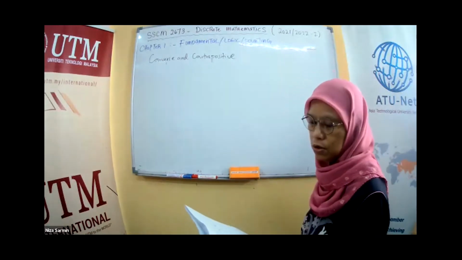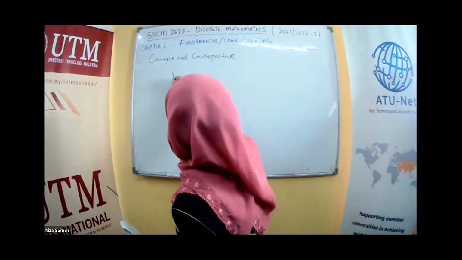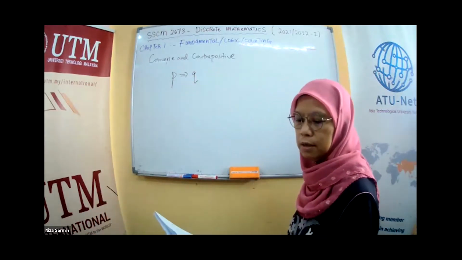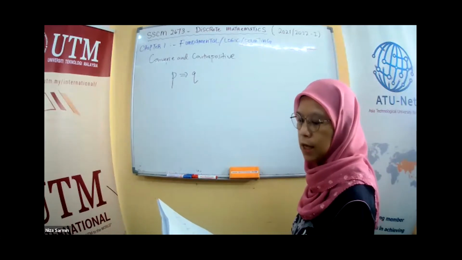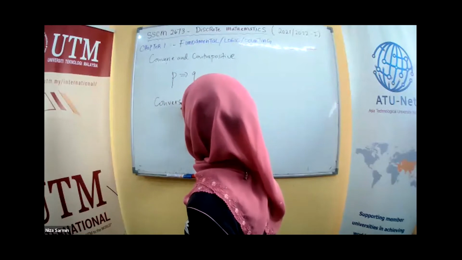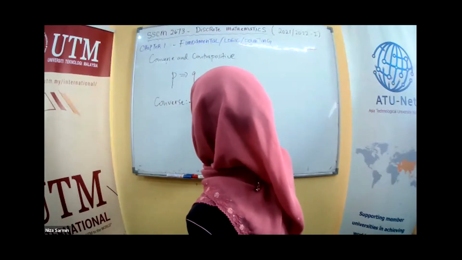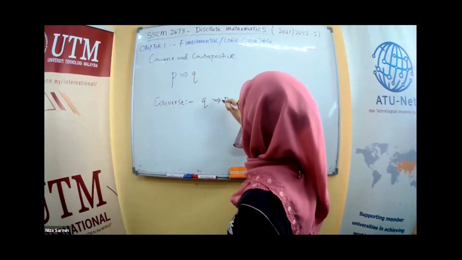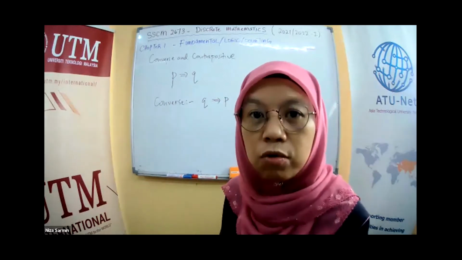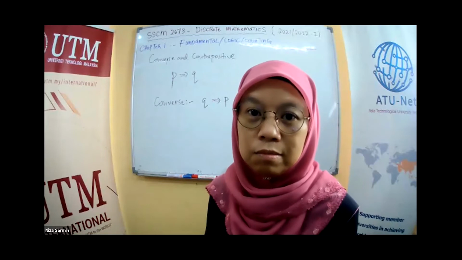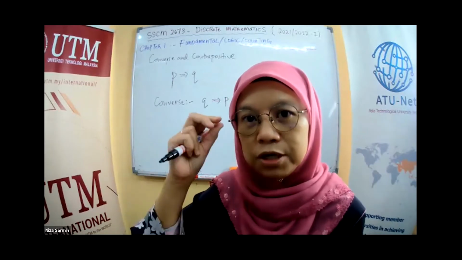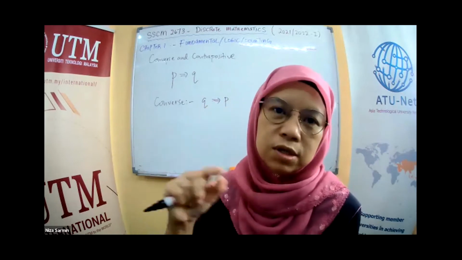So, converse and contrapositive. Right. We have this implication. The converse is this. That's the converse. But most of the time, the converse is not true. But if it's a double implication, just now, the converse is also true.